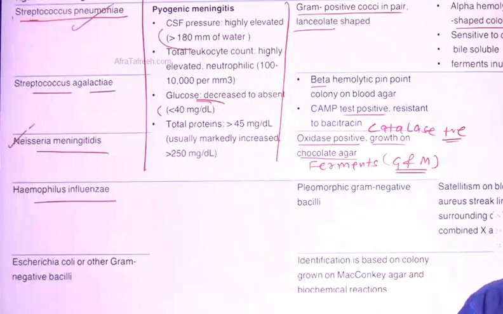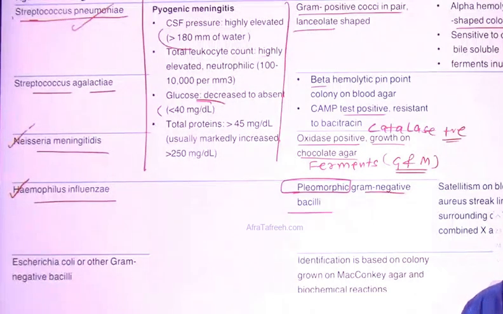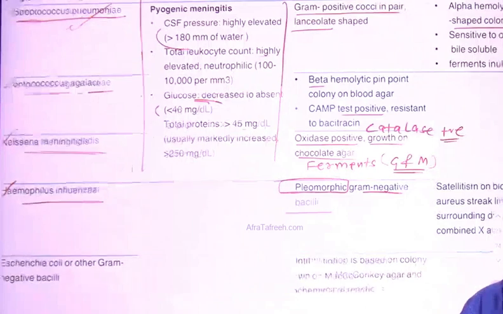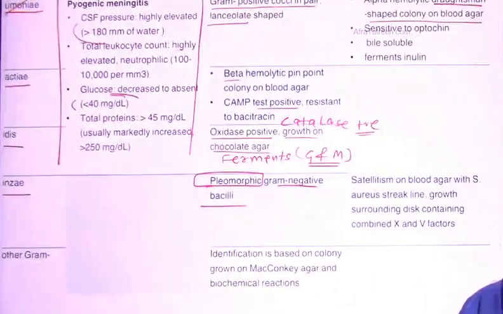Now, after that, coming to the Haemophilus influenzae. Okay, Haemophilus influenzae, and the question was there in the recent INICET exam only, that this is pleomorphic, it changes shape, and it's a Gram-negative bacilli. Okay, it's pleomorphic, it's a Gram-negative bacilli. And what is the identification point of it? That is the satellitism that happens on the blood agar with the Staph aureus streak.